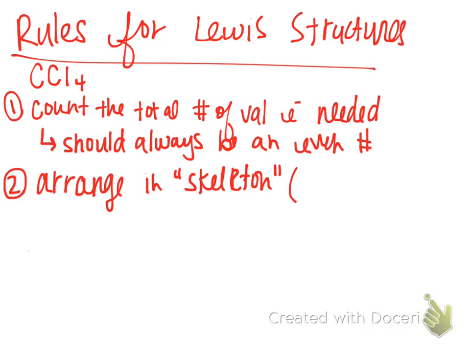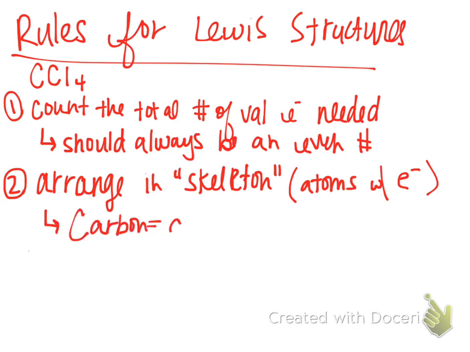So what this is, all of our atoms without electrons drawn. Okay? And so here's some rules for drawing our skeleton. If we have carbon, it always goes in the center.